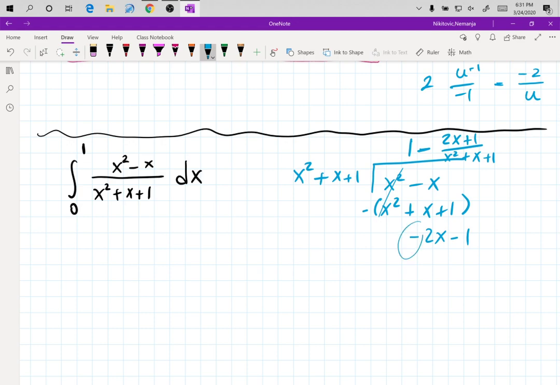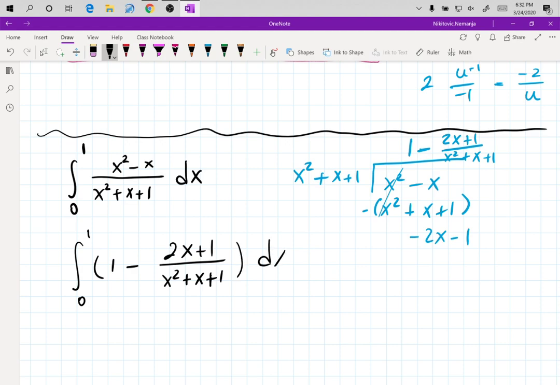Please note that both of these, I factor the minus that goes in front of the parenthesis. So you can either say plus and have both minus signs up there, or you can pull the minus. So the problem now is the integral of 1 minus (2x plus 1) over (x squared plus x plus 1) dx.